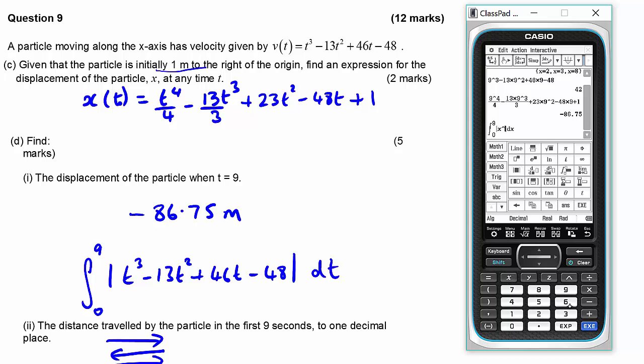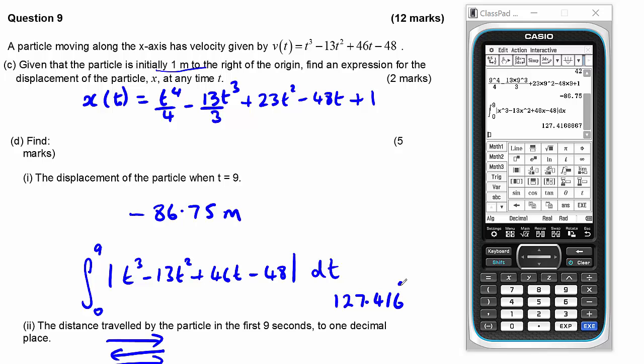And it's x cubed minus 13x squared, add 46x, minus 48, and that gives us 127.416 recurring. And maybe that might have been better as a fraction, 1529 over 12. But either of those would do as the answer. And of course it's in meters.